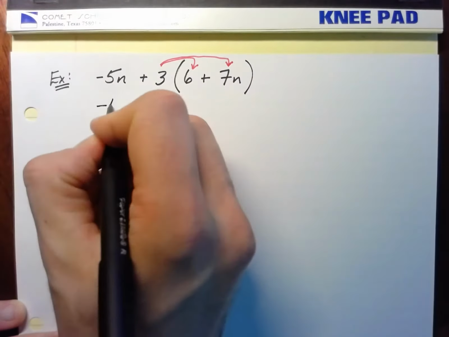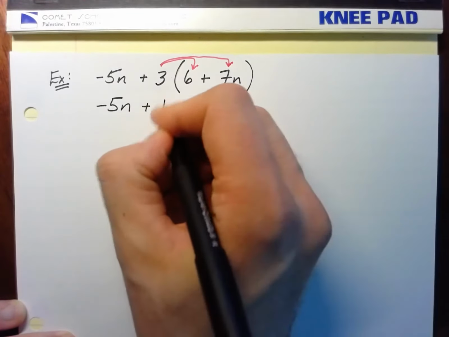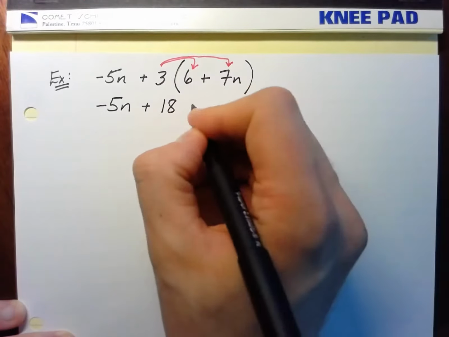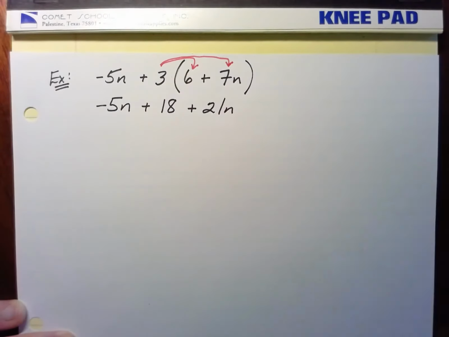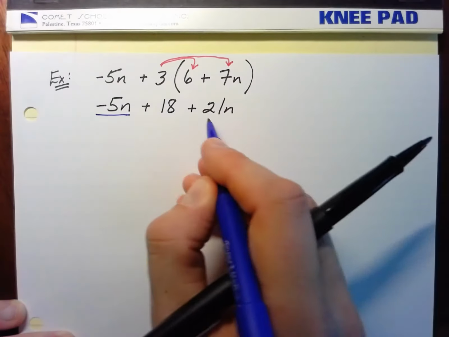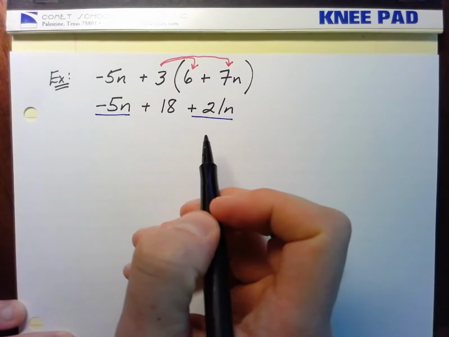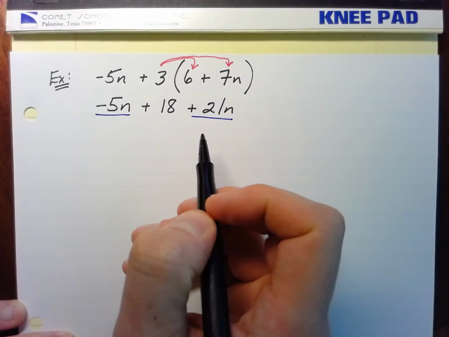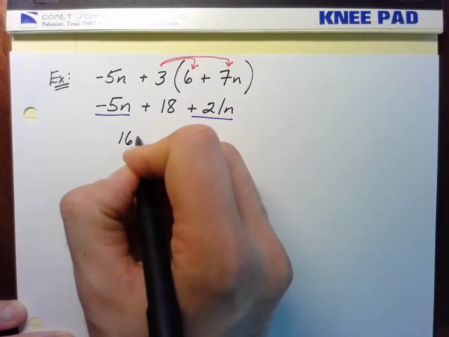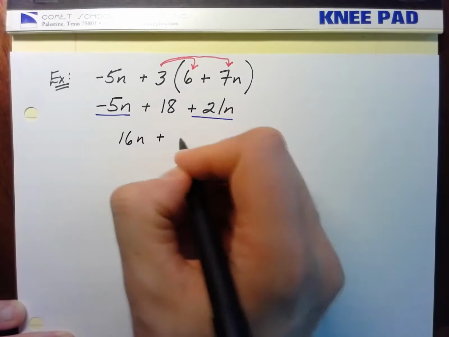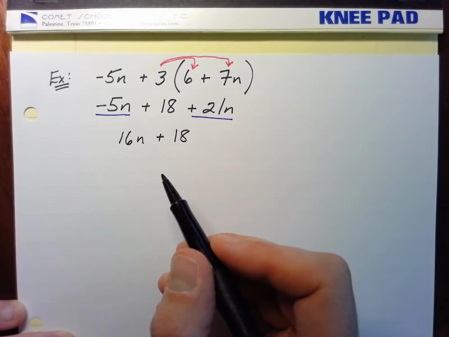So the negative 5n we aren't doing anything with yet. 3 times 6 is going to give me an 18, and 3 times 7 is going to give me a 21n. Now I can combine the negative 5 and the 21 because they're both n terms. So negative 5 plus 21 is going to give me a 16. It's a positive 16n. And then I still have my plus 18 because I can't do anything to that.